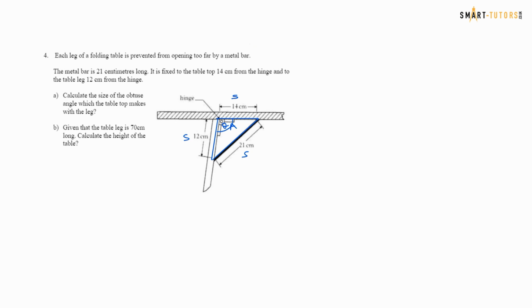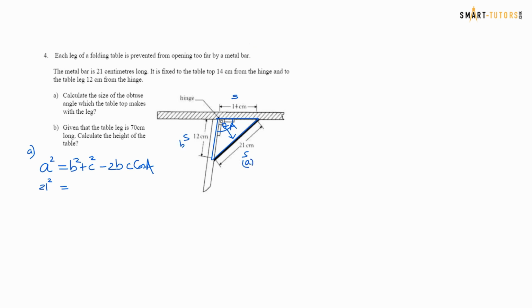So write the cosine rule. a squared, I'm going to do the a part first. a squared equals b squared plus c squared minus 2bc cosine A. So a squared is 21 squared. Why 21 squared? That is the side opposite to the angle. So this is the a.